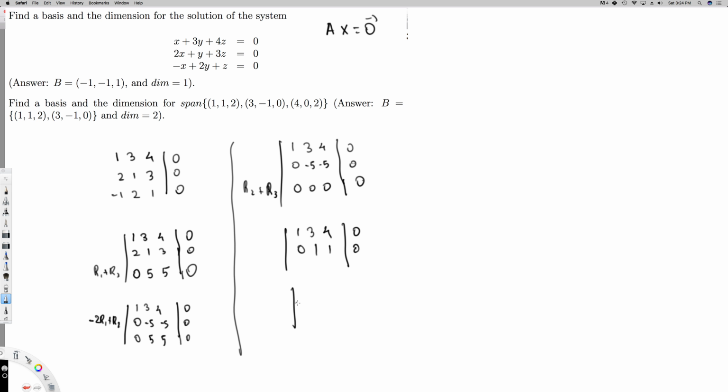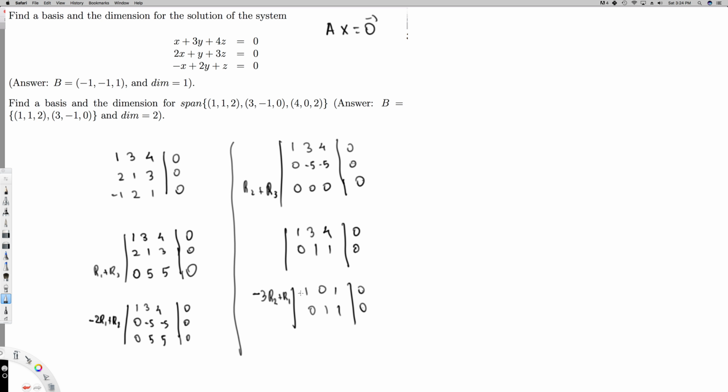So negative 3 r2 plus r1 is going to give me 1 0, then we have minus 3 plus 4, which is going to be 1. That's going to give me 0 right here, and we are going to have 0 1 1 0 in the second row.